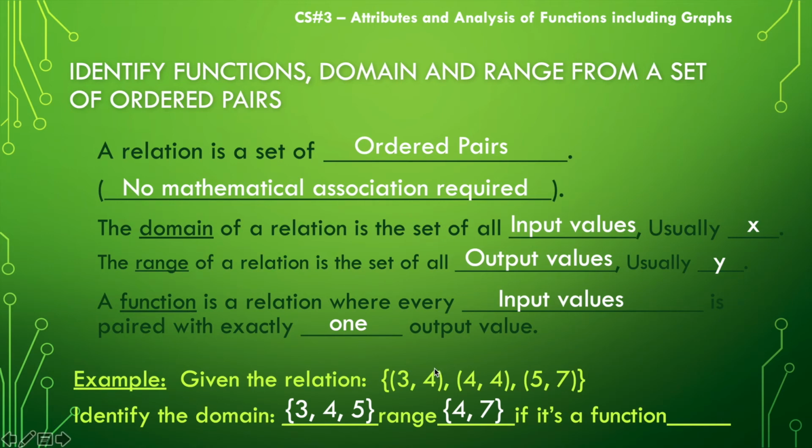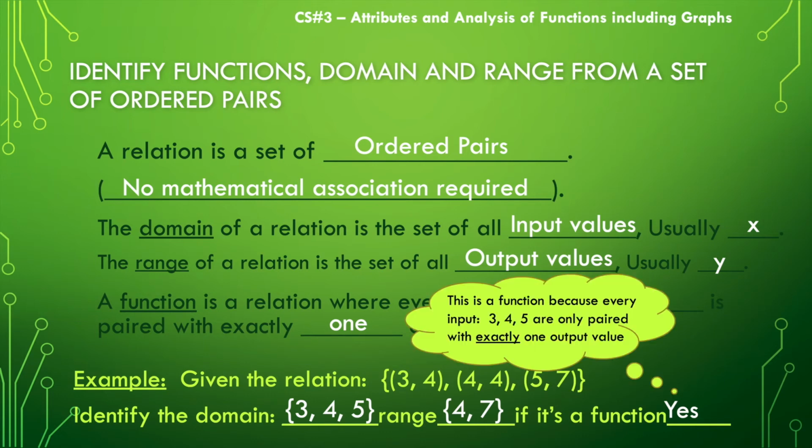Well, no, because it doesn't even occur more than once. How about 4 as an input value? Is it paired with anything other than 4? No. How about 5? No. And so we can say definitely it's a function because no input value is paired with more than one thing. You can think about it as your x values are monogamous. They are not messing around with anything else.